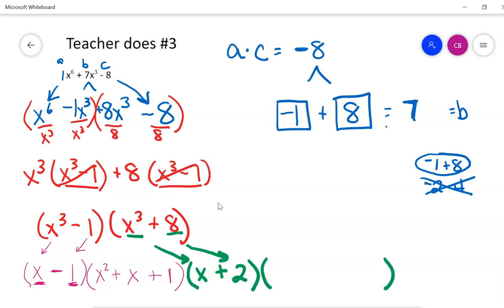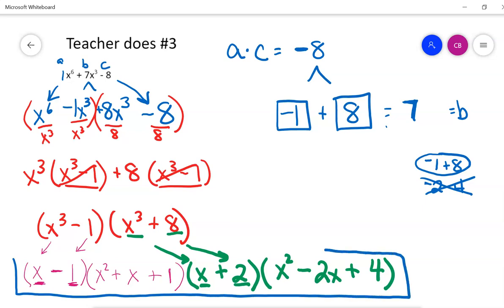I have a plus here, so I need a minus and a plus. You take your x and square it, put it first. Take the 2 and square it. 2 squared is 4. In the middle, multiply x times 2, which is 2x. So my final answer will look like this. I know this is a lengthy factor set, but this is how it factors.